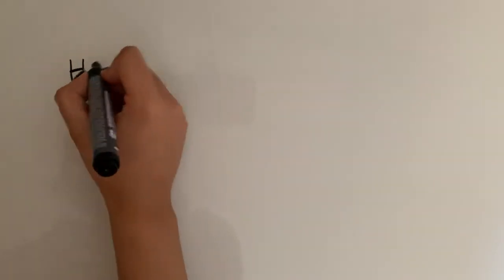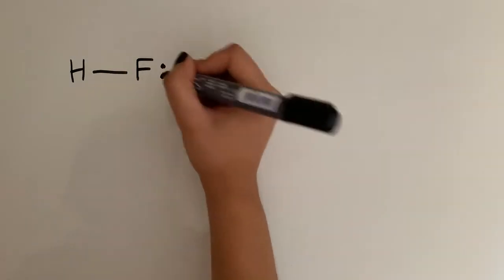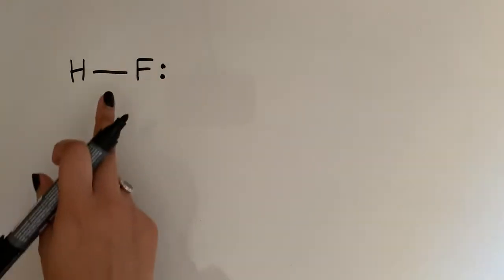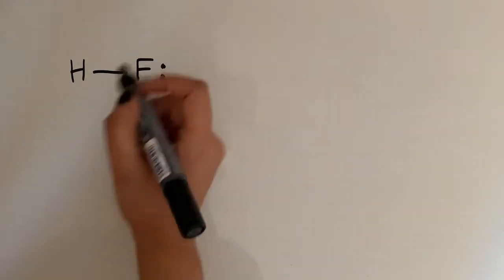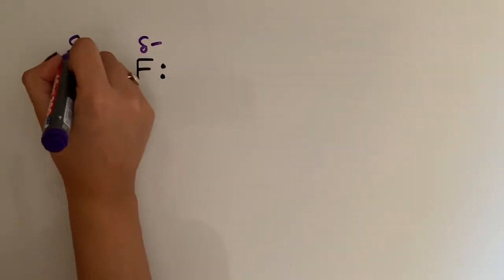Okay, so the first example I'm going to do is HF, so hydrogen fluoride. So there is a lone pair, actually more than one lone pair, but there's a lone pair on the fluorine over here. Fluorine is very electronegative, it's the most electronegative atom, and therefore there will definitely be a dipole going across this molecule here.